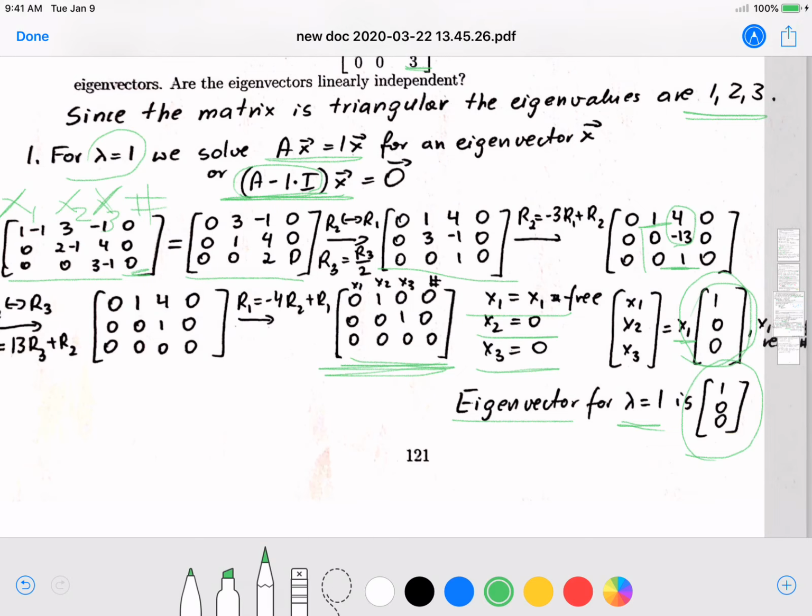And now we repeat this whole process for the other eigenvalues, for the eigenvalue 2 and for the eigenvalue 3.